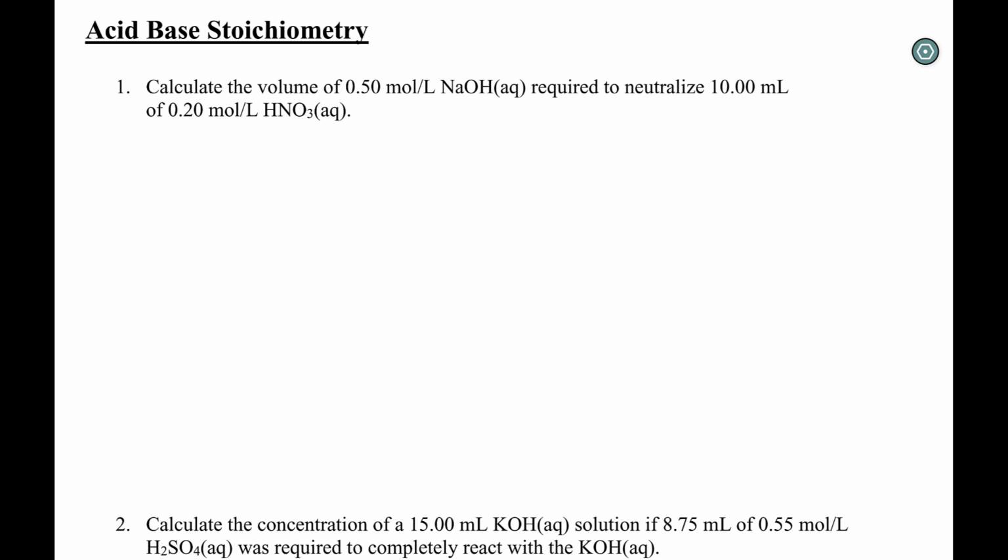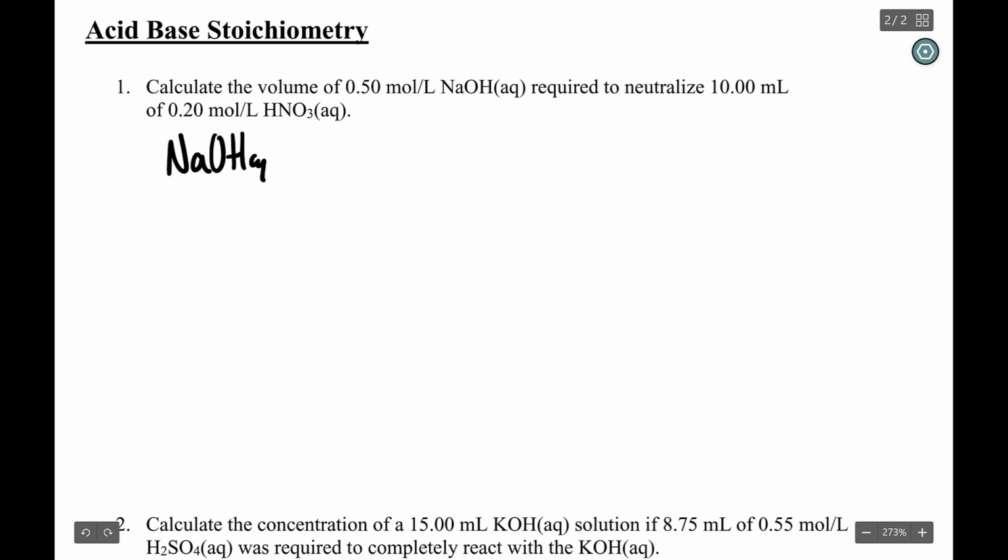So let's look at this first question. It says calculate the volume of 0.50 moles per liter sodium hydroxide required to completely neutralize 10 mL of 0.2 molar HNO3. The first thing we have to start with, of course, is a balanced chemical reaction.